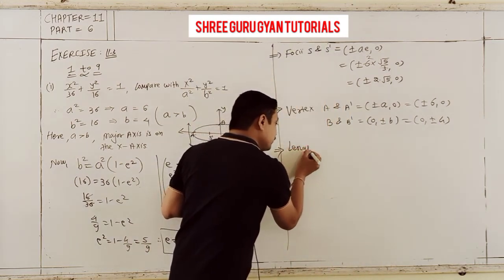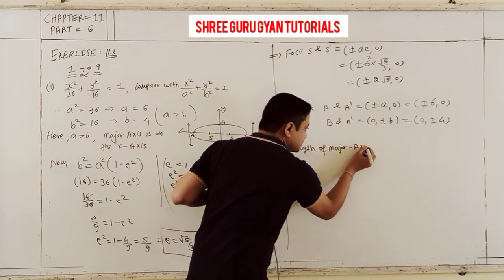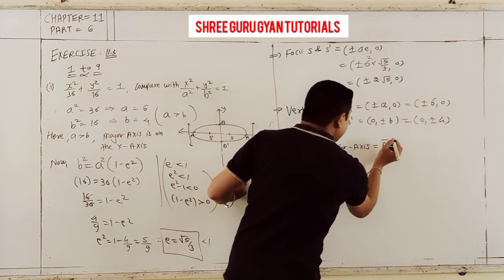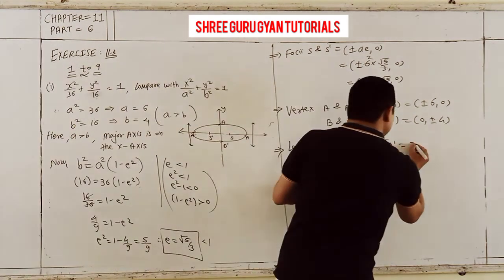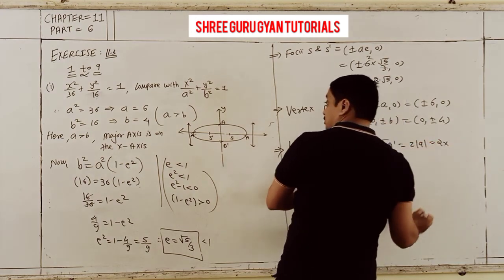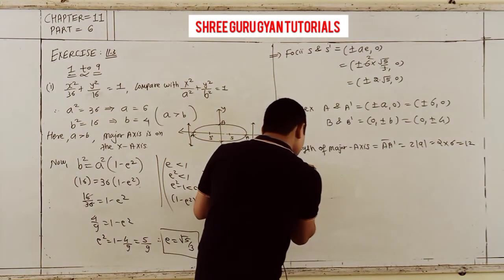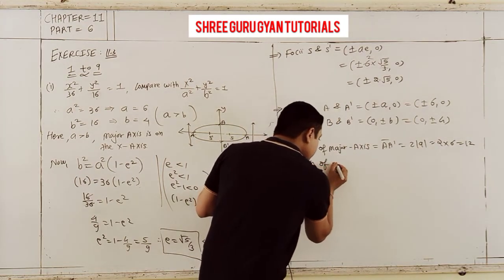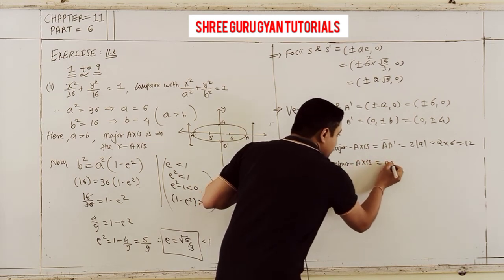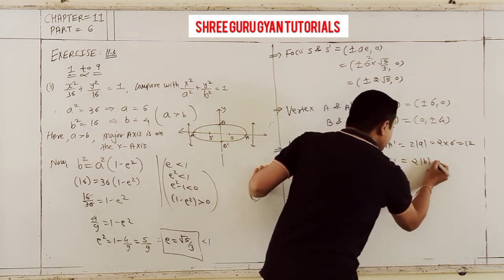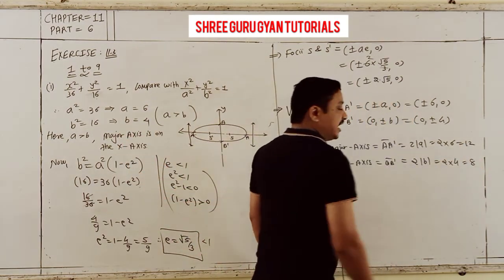Length of the major axis, AA dash, is 2 modulus a, and what's the a? 6, so 12. Similarly, length of the minor axis, the BB dash length, is 2 modulus b. And what's your b, students? 4. It will be 8.